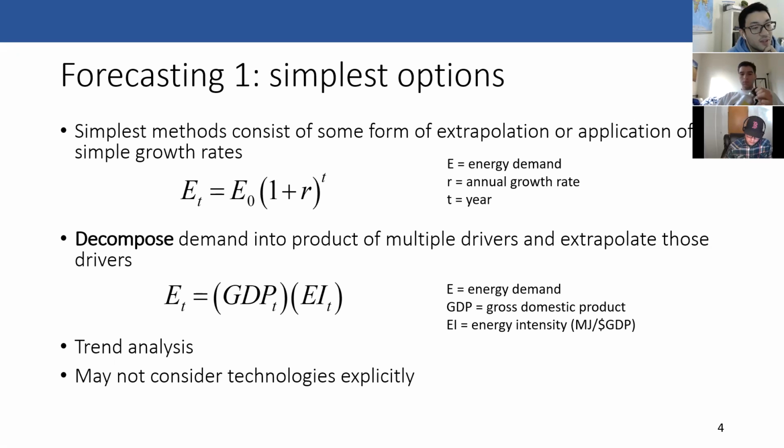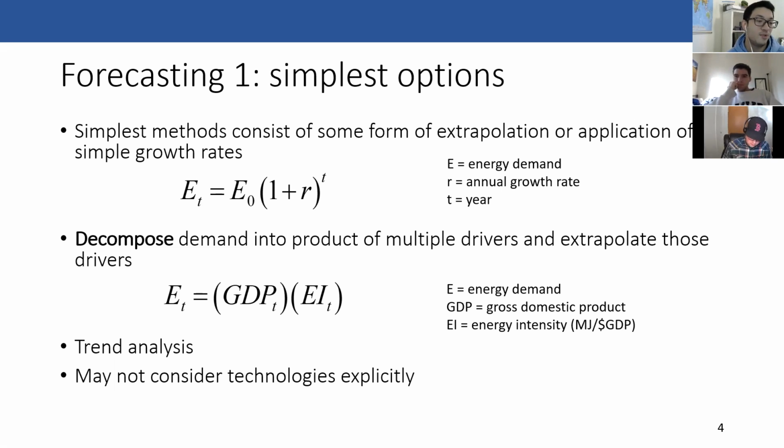Okay, so the next example is where we start to think about what does go into energy demand. And so this is where you may start to introduce the ability of this equation to factor in certain aspects that could change the energy demand over time.